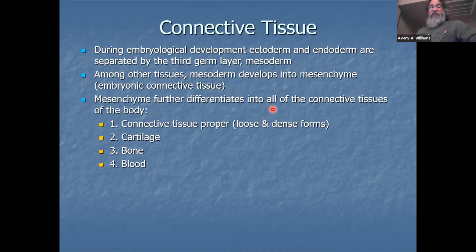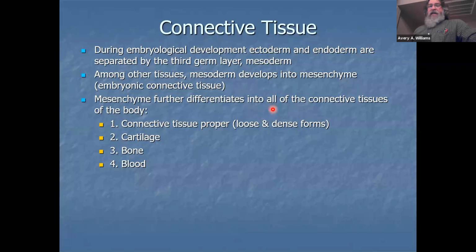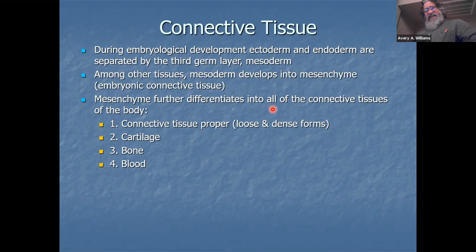And then fourth, this is probably the strangest of all the four, blood, or what we call vascular connective tissue. What's so strange about blood? Well, blood is a connective tissue because it also is derived from mesenchyme.